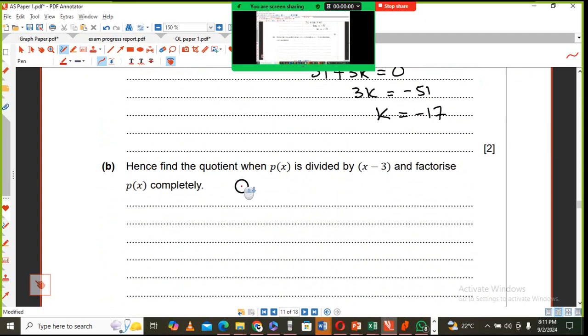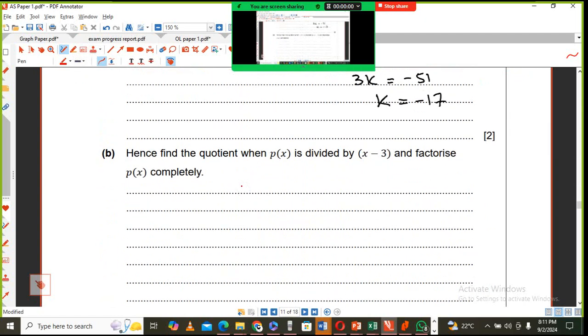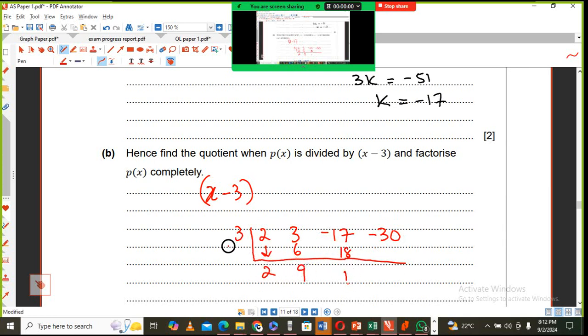Okay. Now, what are your factors? Obviously, x minus 3 is a factor already. So maybe you will do long division. Yes, that's the fastest way. You have a 2, a 3, minus 17, and minus 30. That is 6, that's 9, that's 18.